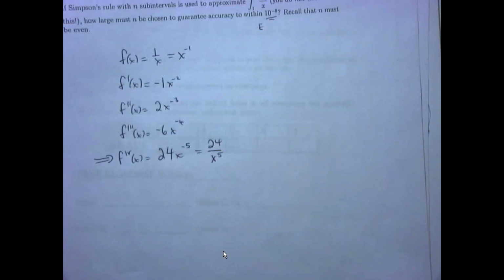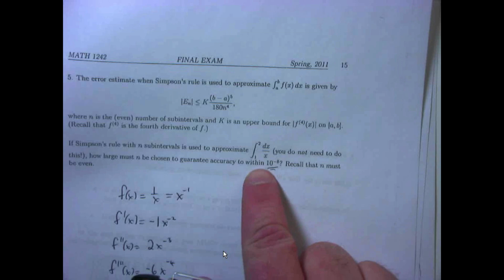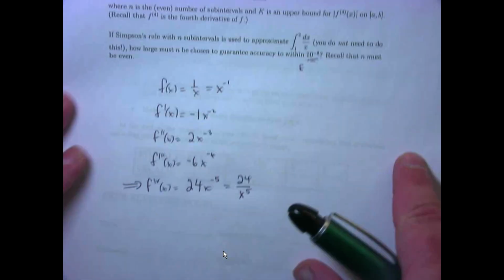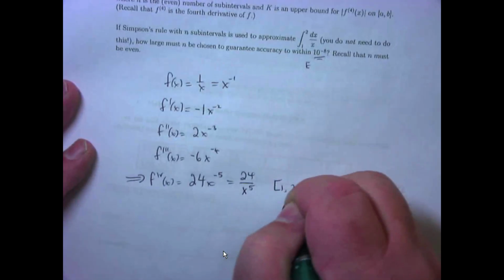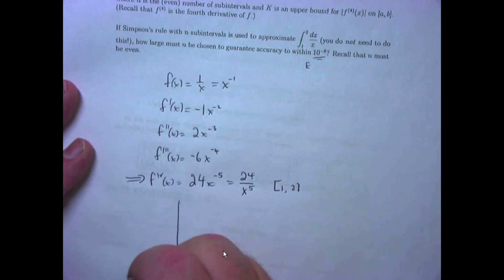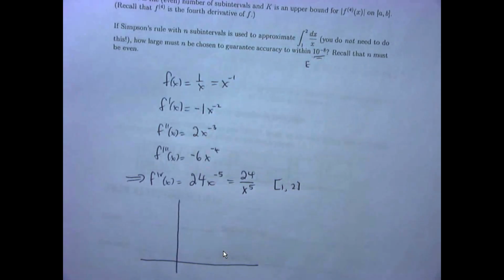This is the fourth derivative that I need. But remember my bounds. My bounds are between 1 and 2. So I'm looking on the interval between 1 and 2. To find the k value, you're looking for the maximum y-coordinate of the fourth derivative.